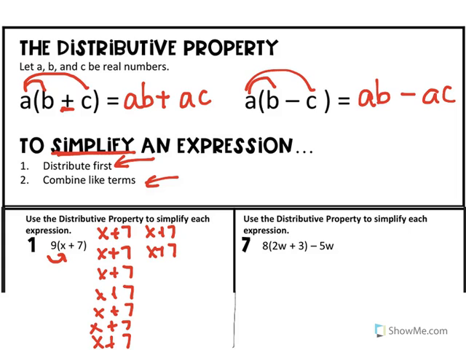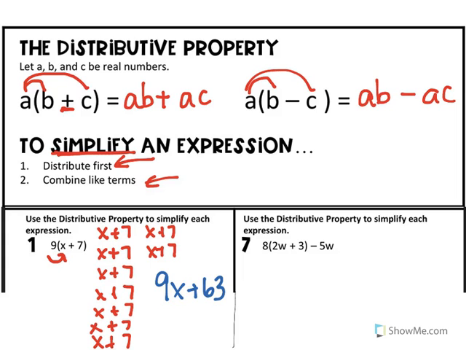So I have 9 groups of x plus 7. So essentially I have 9 x's, and then I have 9 sevens, so 7 times 9 is 63. So 9 times x plus 7 is 9x plus 63.